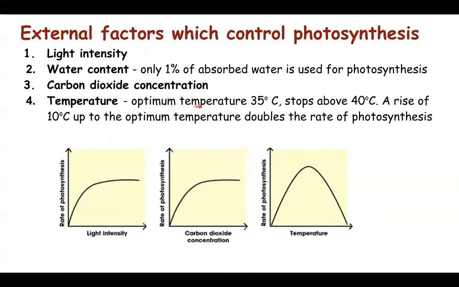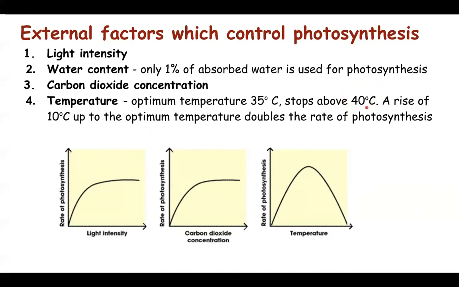Then the optimum temperature, that means the best suited temperature at which photosynthesis occurs to the largest extent, is 35 degrees Celsius. Above 40 degrees Celsius, photosynthesis stops, because at this temperature the enzymes start getting denatured. Enzymes are all proteins.